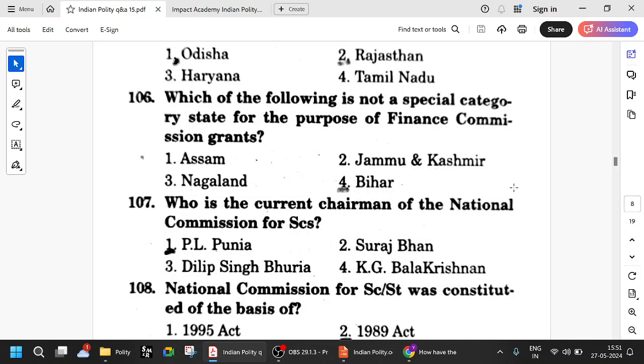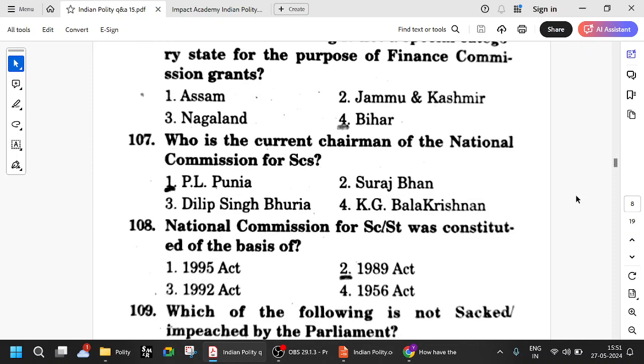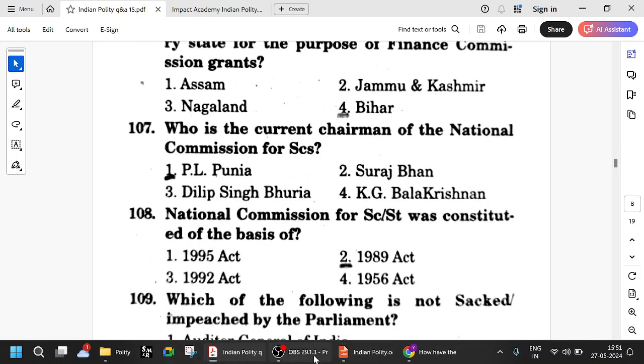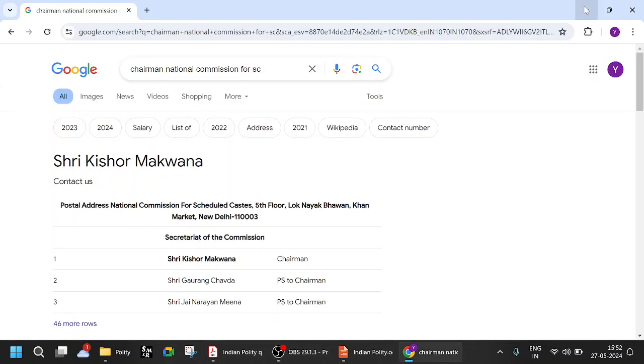Who is the current chairman of the National Commission for SC? These questions keep changing, so don't go with this answer. Look at who is the current one. The current chairman of the National Commission for SC is Sri Kishore Makwana.